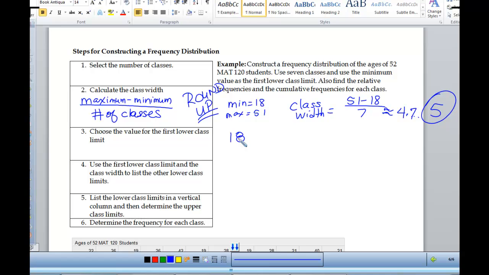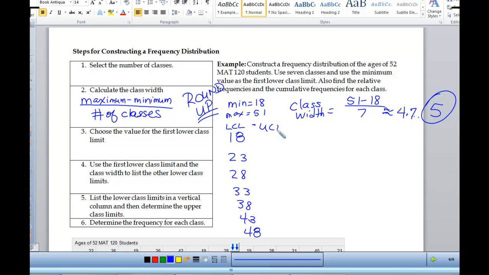So my next lower class limit is going to be 18 plus 5, which is 23. Then I add 5 again, 28, 33, 38, 43, 48. Those are my lower class limits.